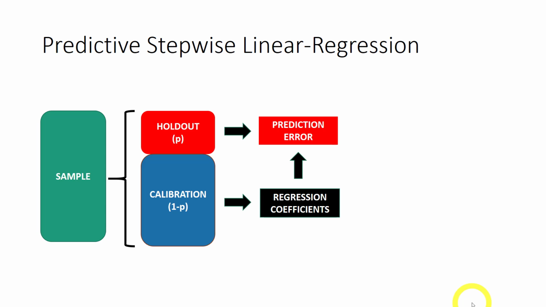And we do this by adding each candidate predictor at a time to find which predictor candidate would produce the lowest prediction error, and also to determine whether adding any one of those predictors to the current model will reduce the prediction error. If it doesn't reduce the prediction error, we already have the right model. Not the right model, but we cannot improve on it.